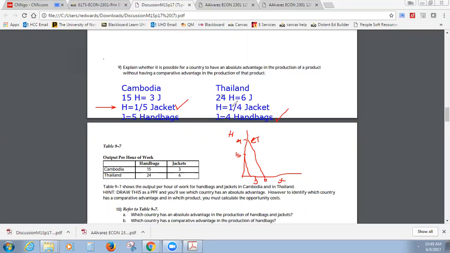Therefore, they have a lower opportunity cost when it comes to jackets, so they should focus primarily on jackets. So what you'll end up with is Cambodia will do handbags, and the society will end up with 24 handbags, and Thailand doing nothing but jackets, producing 6 jackets.